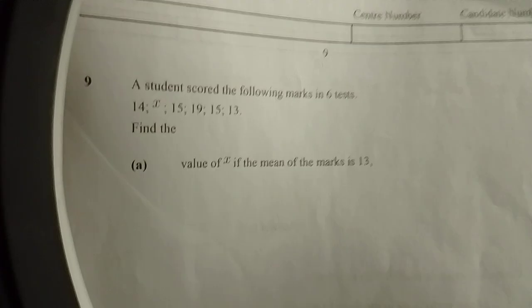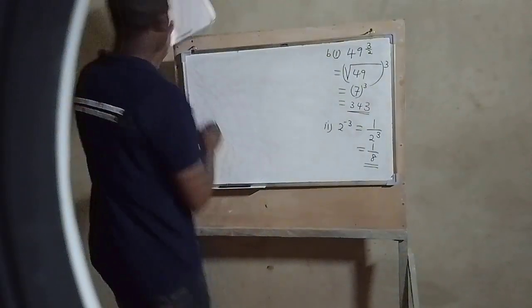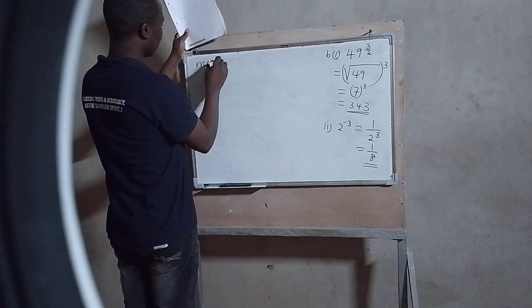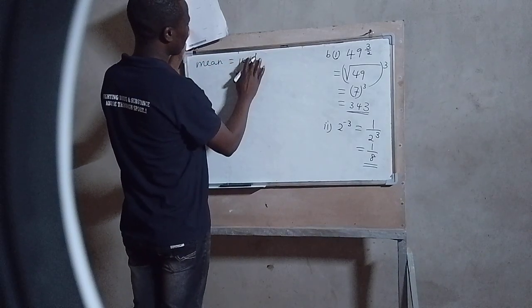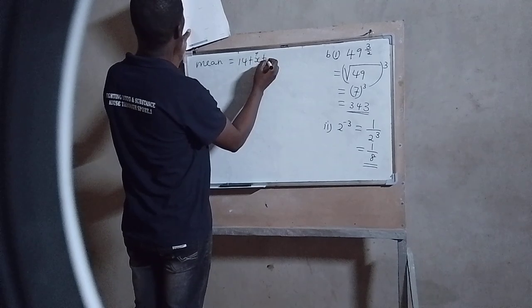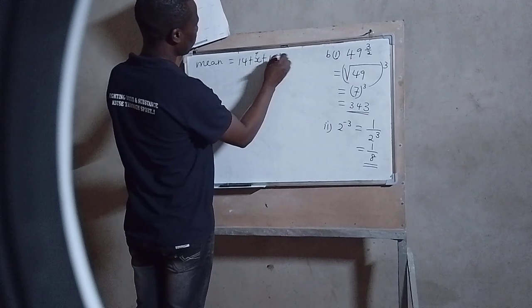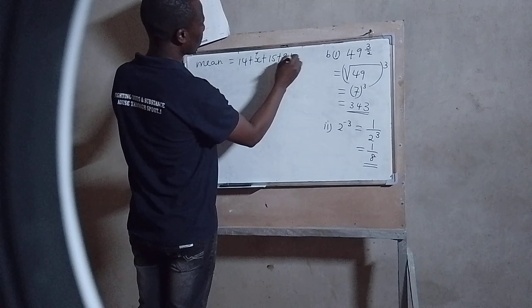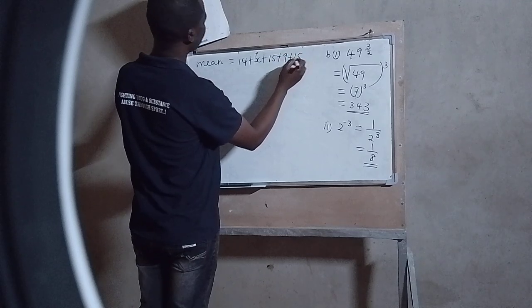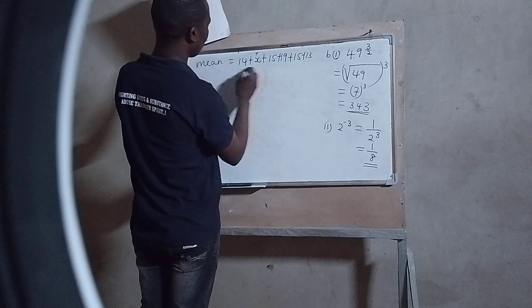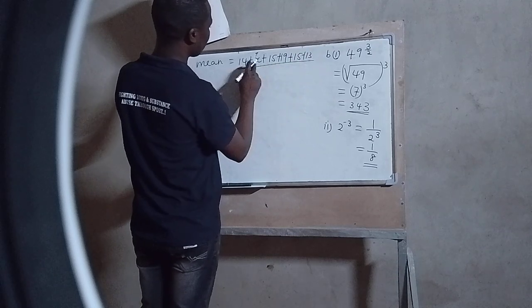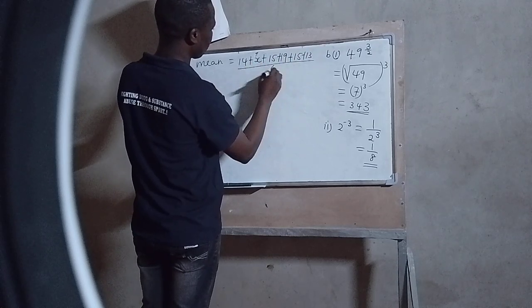So you just add those marks, then you form an equation in x, then solve for x. So we are saying now our mean is equal to 14 plus x plus 15 plus 9 plus 15 plus 13, all over 1, 2, 3, 4, 5, 6 terms, over 6.